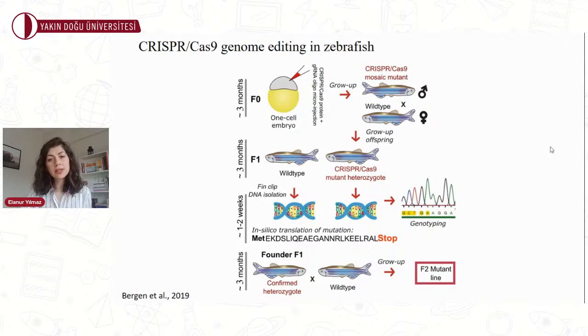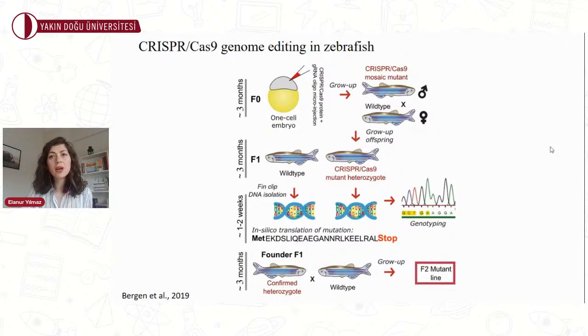So you need to cross them with a wild type to see which zebrafish carry these mutations in their gonads, so that they can create embryos and their new generations carry the mutation in their genotype.